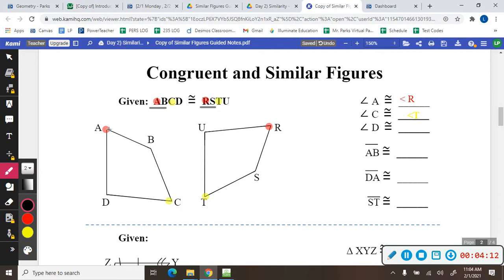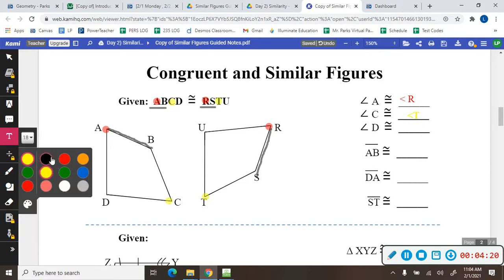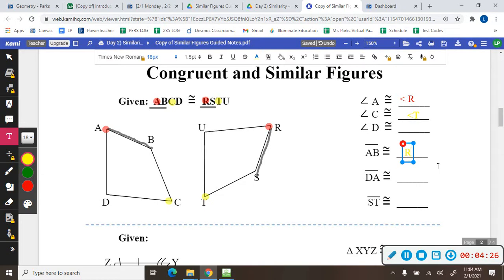So that means AB is congruent to RS. And I forgot to do angle D. D is in the same spot as U. That's easy.